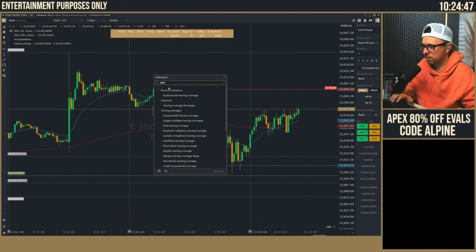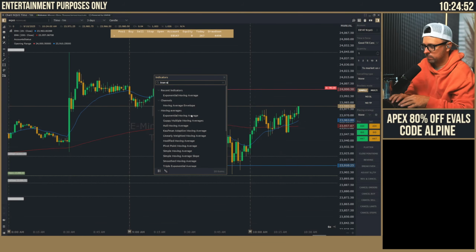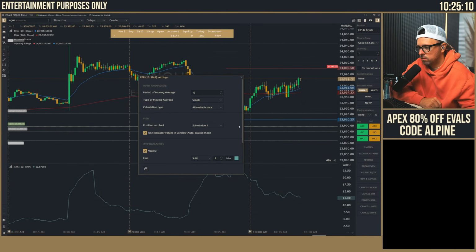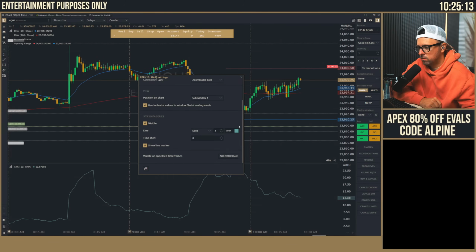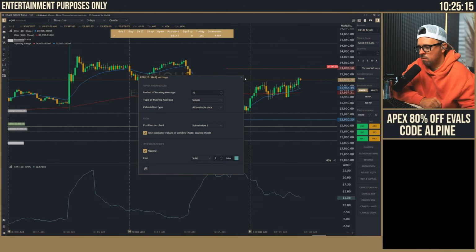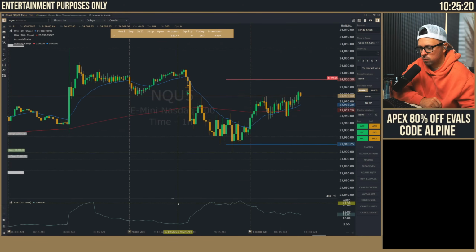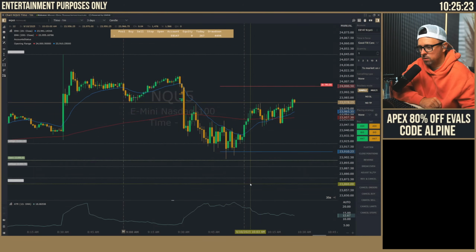I think average range, not RSI. Separated average true range. Normalized average. That's new. I wonder what these are. Actually, pretty good ATR.